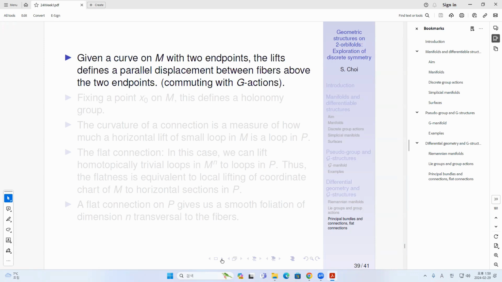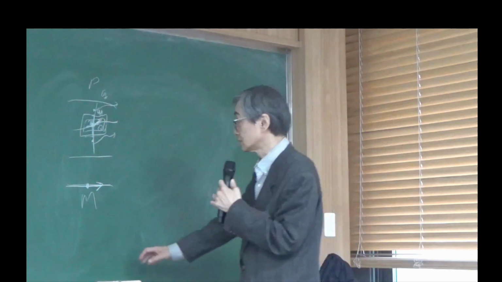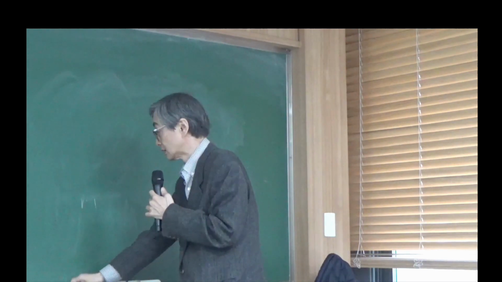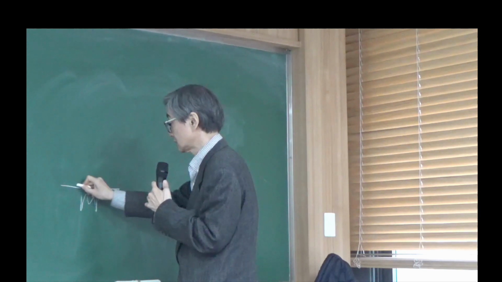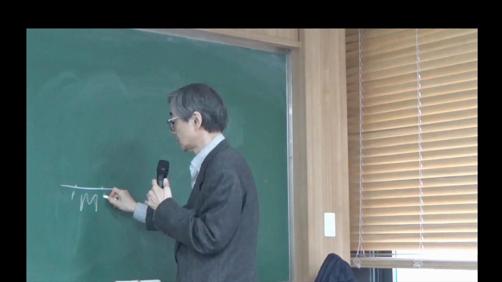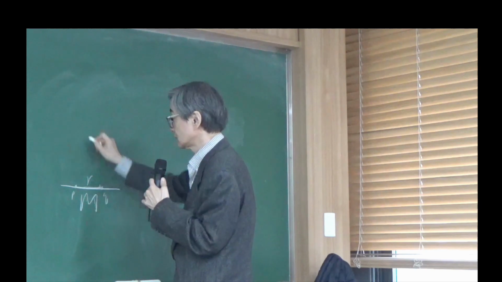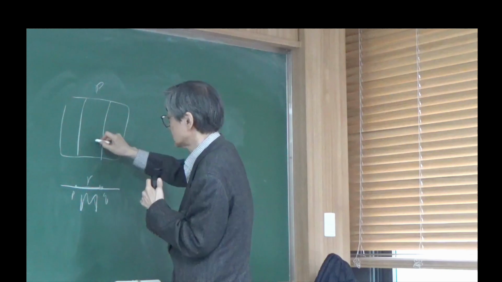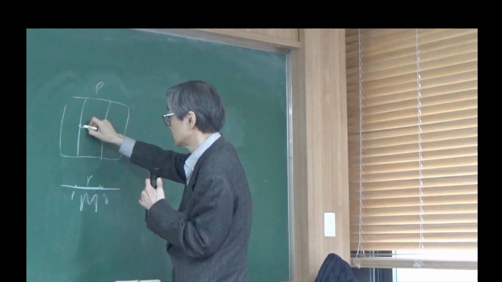Given a curve with two endpoints, the lift defines a parallel displacement between the fibers above the two points. This is an important idea of connections. You have M here, two points, and a path gamma. Then on P you have two fibers over this, and you choose any point, and you get a unique horizontal lift.